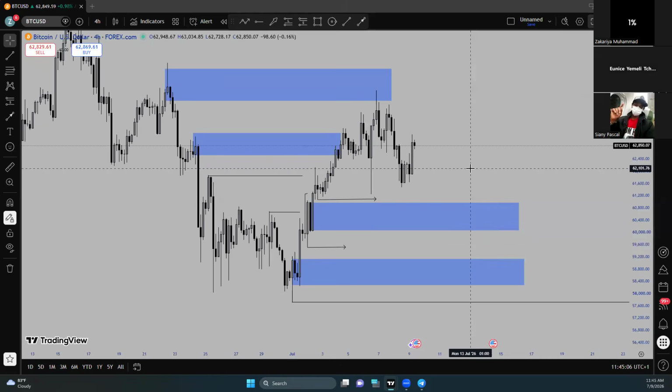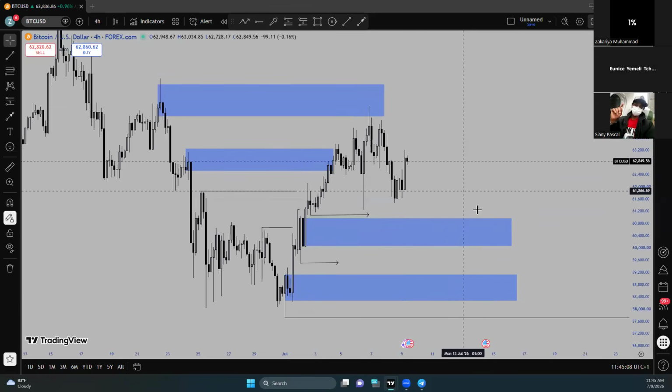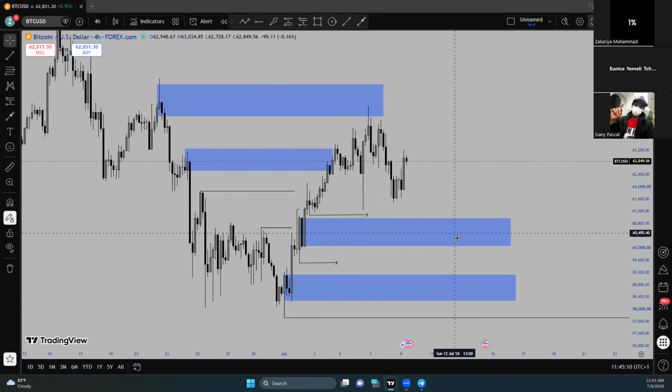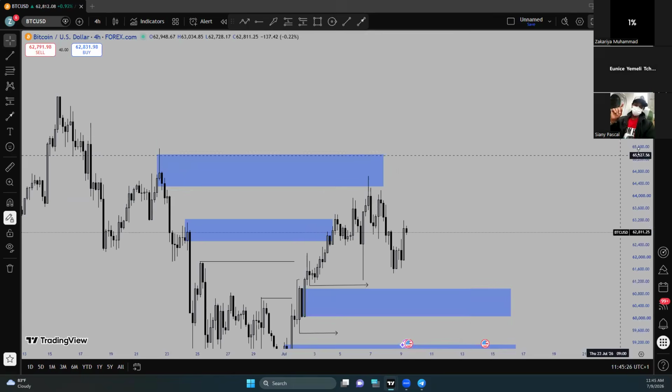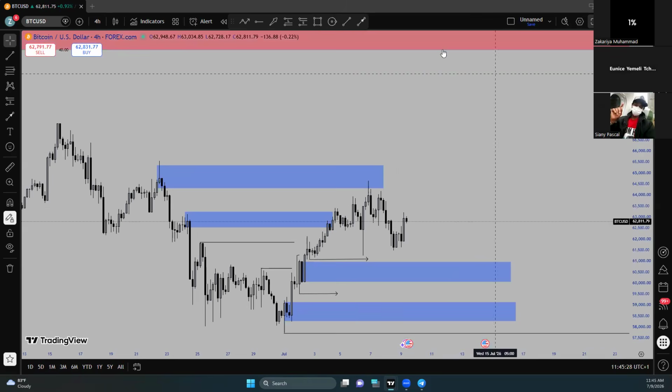So if you're a swing trader, based on those two things, if the market gives you a fall into any of those zones, I don't want to give you a cheat code, but we look for a structure shift at any of the zones. That's how you can use it if you have two POIs that have the same zones. If it gives us a structure shift, we're going to look for buys. If you're a swing trader, you're going to hold your buy all the way to that daily order block.